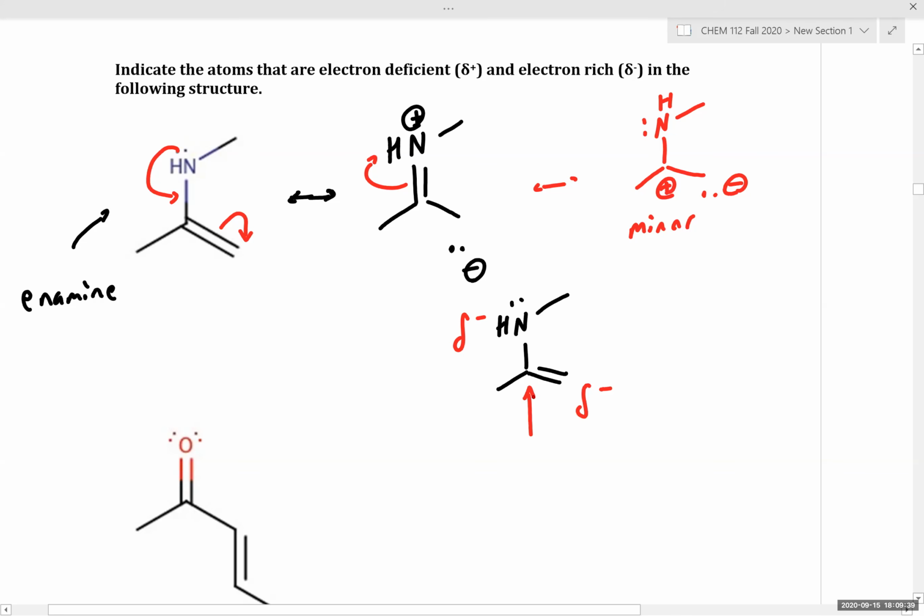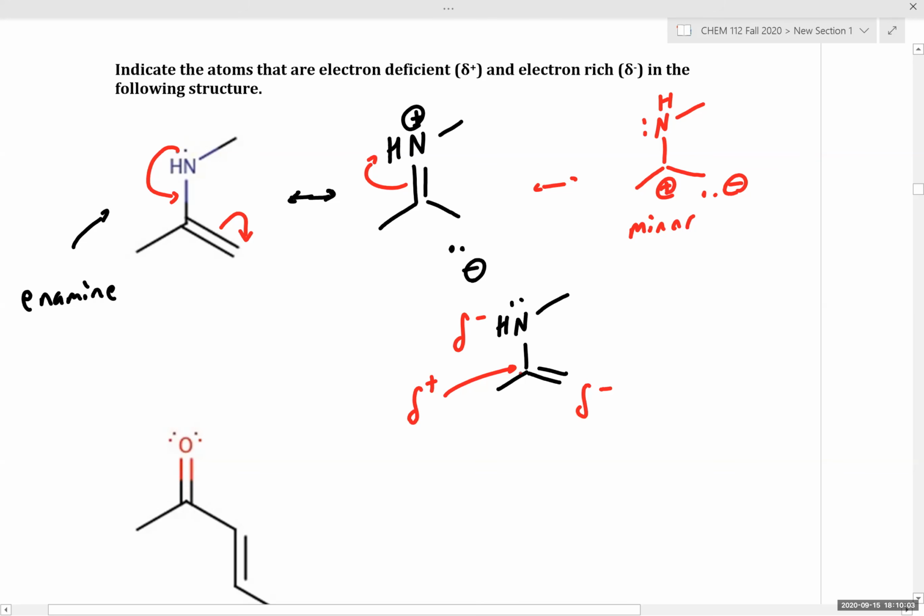What about this middle carbon? Is this middle carbon electron rich or electron deficient? Looking at our major and minor structures, is this middle carbon electron rich or deficient? Well, we see a positive formal charge here.